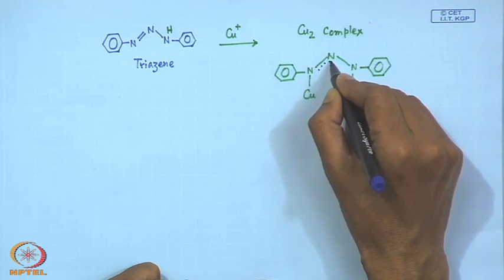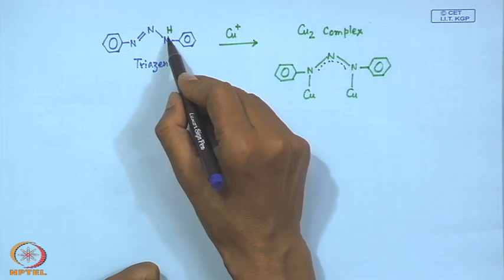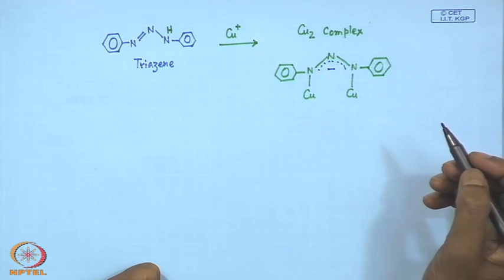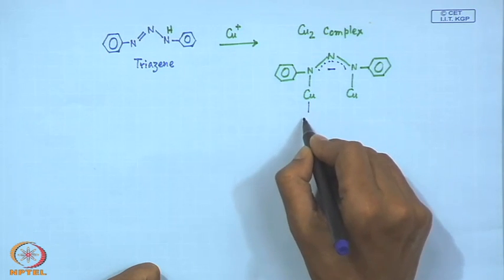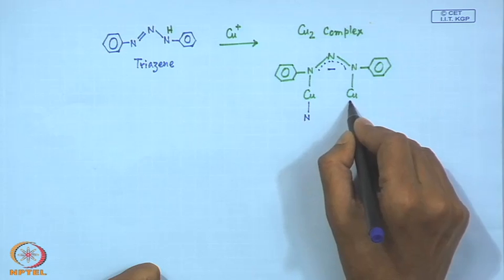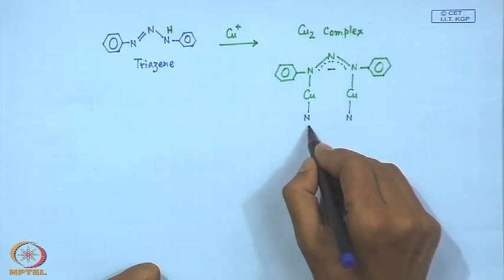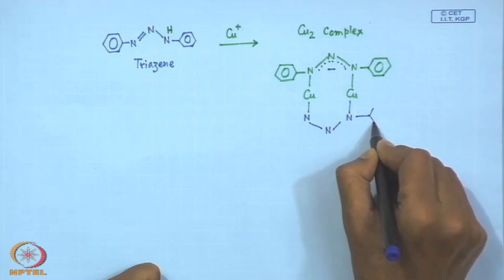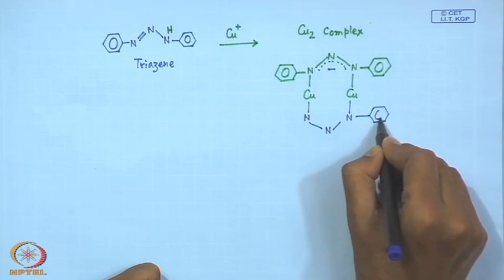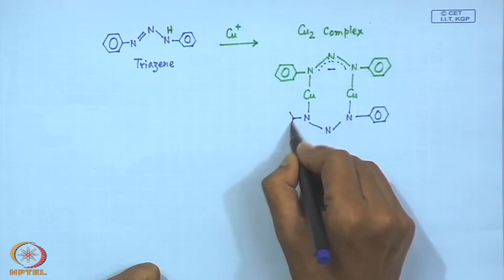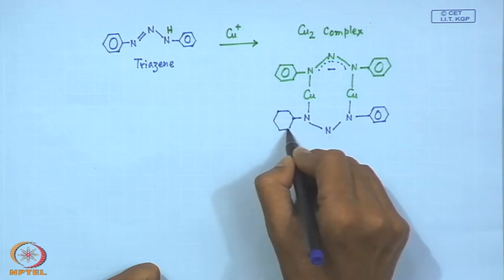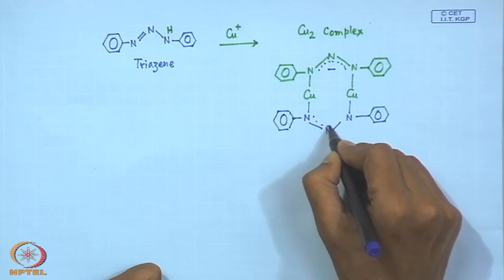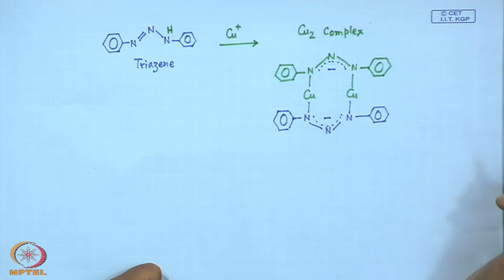And through the deprotonation of this hydrogen, we have a negative charge on this. On the other side of the compound, we can have the same thing with one negative charge.